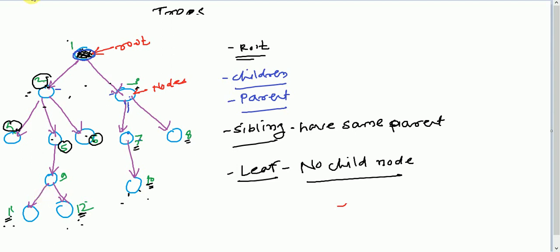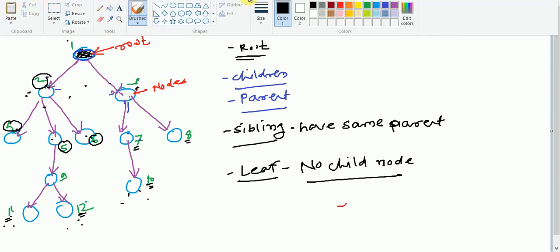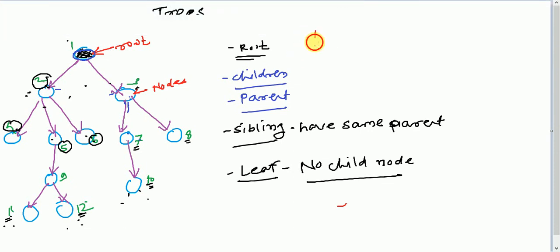Now next is about ancestor and descendant. So we'll see now what ancestor and descendant are. So ancestor is basically all the previous grandparents of a particular child.